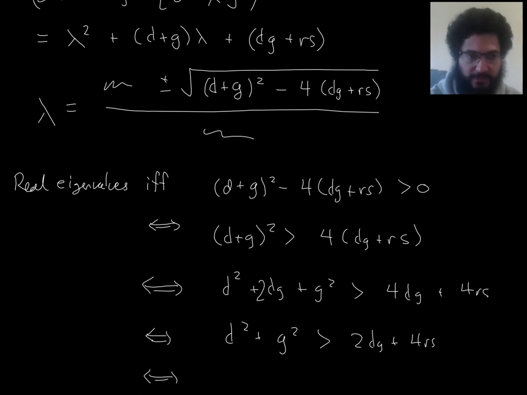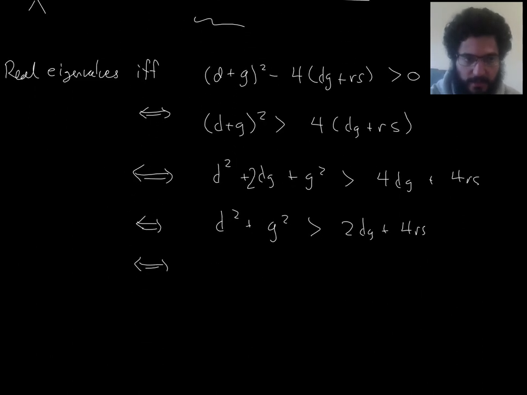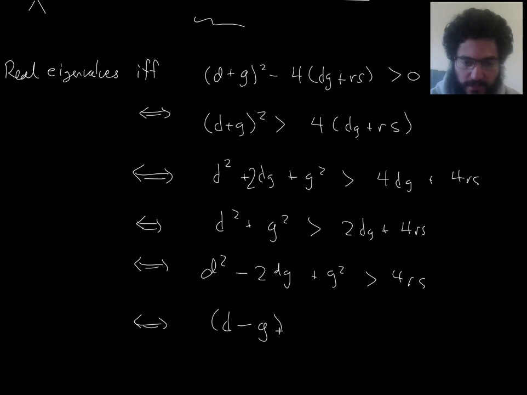And I see a chance to factor things here. So d squared minus 2dg plus g squared, subtracting the 2dg over, greater than 4rs. And I like doing that because this looks factorable. It's d minus g squared greater than 4rs.